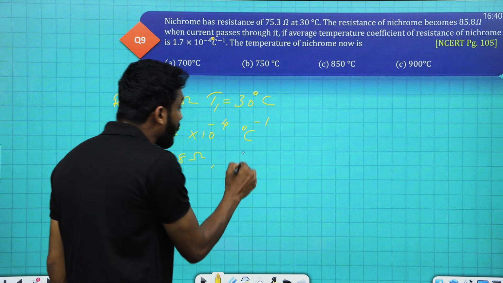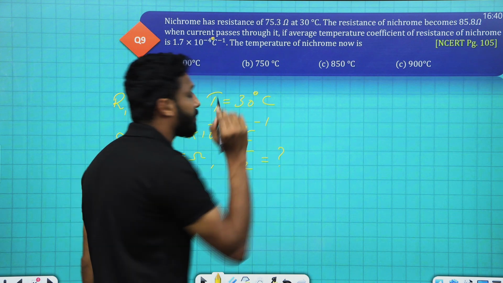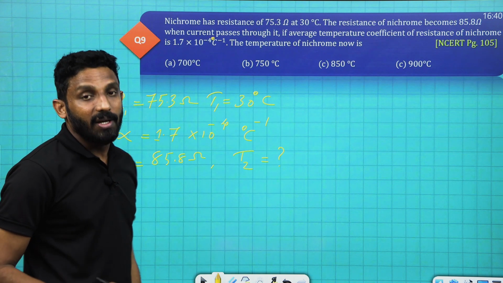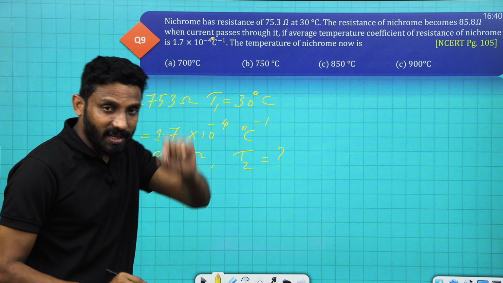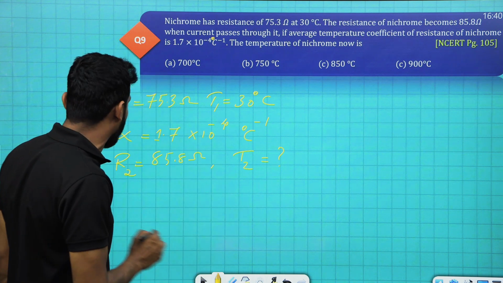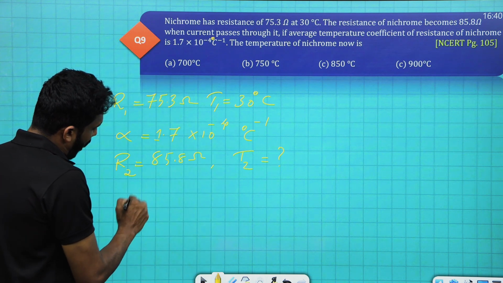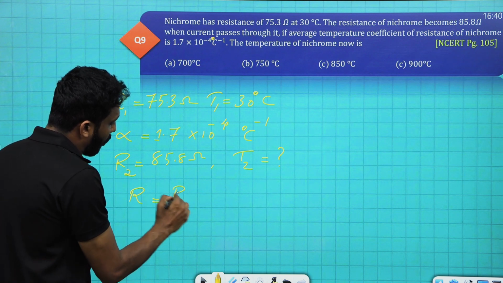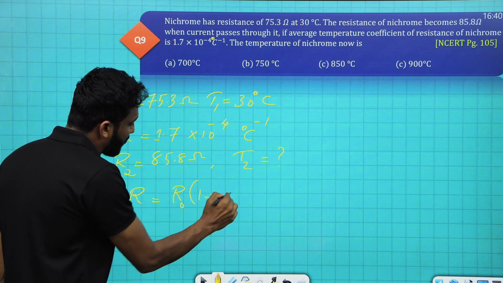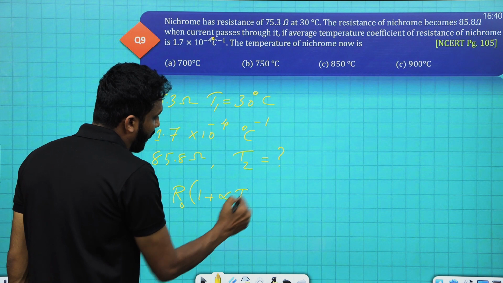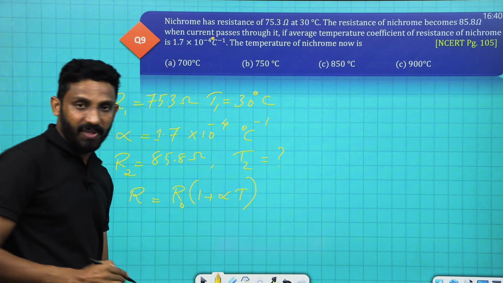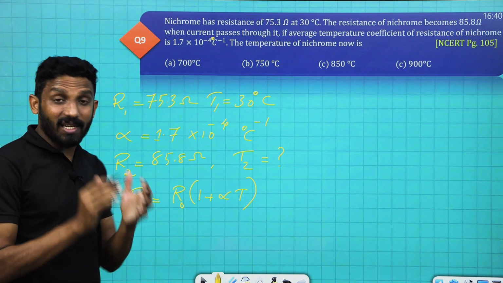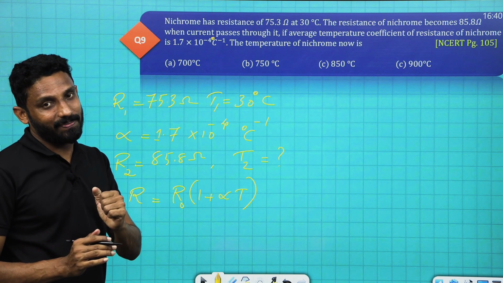Then what is the new temperature T2? We have the relation between resistance and temperature of a conducting wire: R is equal to R0 into 1 plus alpha into T. This is the formula.